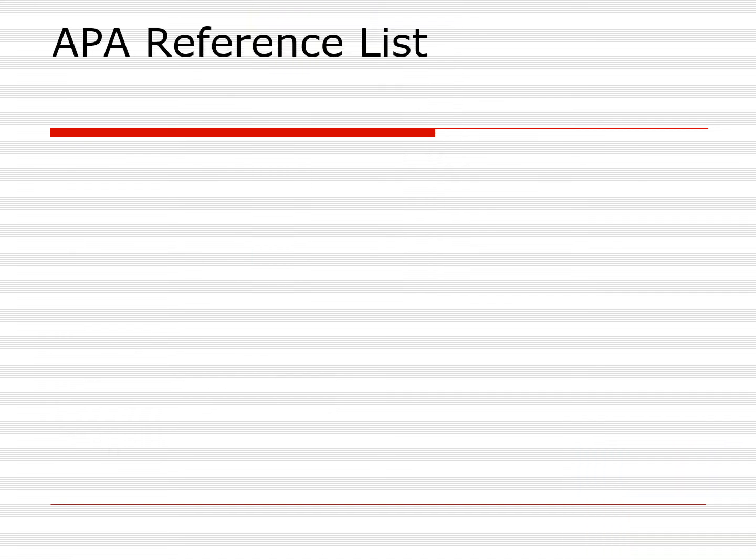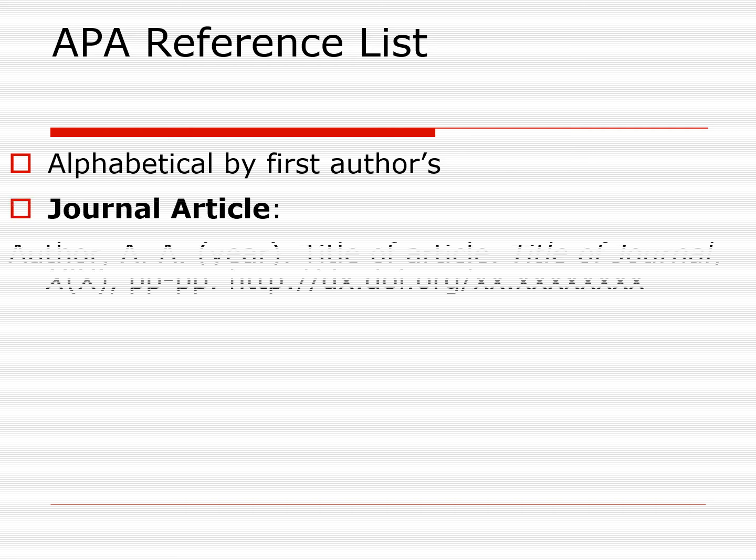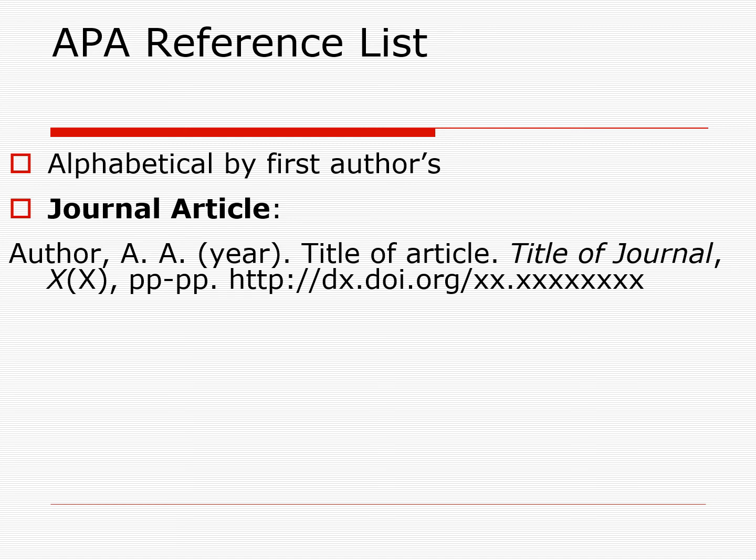So for an APA reference list for a journal article or whatever that might be, everything is alphabetized in order of the first author's last name is how you arrange a reference list. And for journal articles, this is a single author article, the first author's last name.